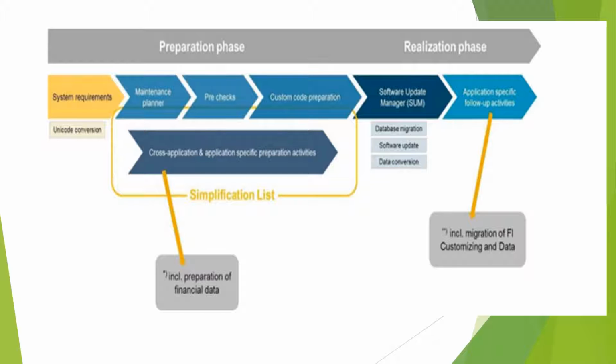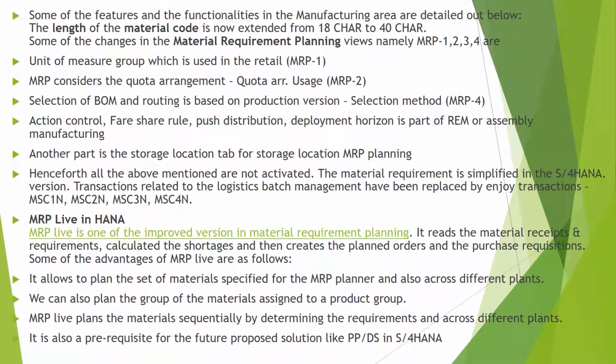They include the preparation of financial data, and the software update manager SUM includes database migration, software update and data conversion. Okay, and application specific follow-up activities include the migration of FI customizing and data. So these comprise the project activities while migrating from ECC to S/4HANA.